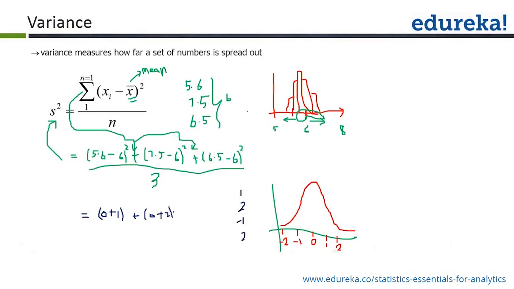The problem comes in the next step where it will be 0 minus 1, right? And again here it will be 0 minus 2. If you are not having this square, I'm explaining you the impact of that, in this case it will say that the variance is 0.